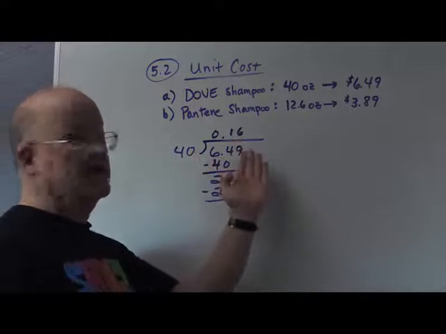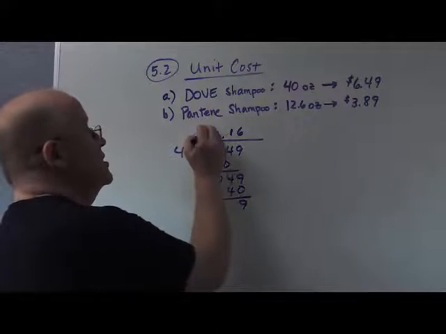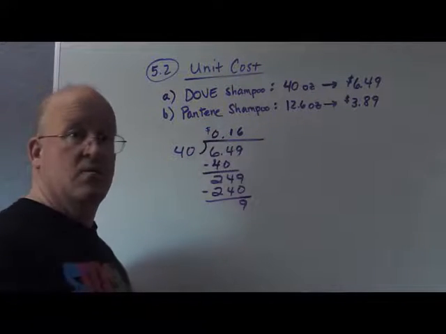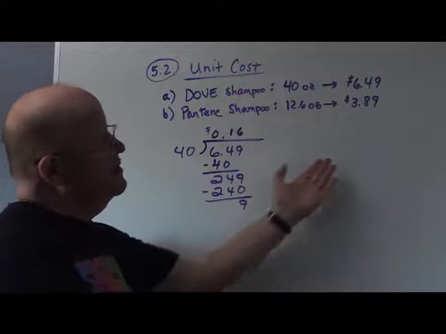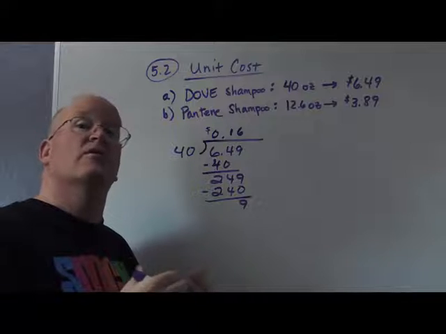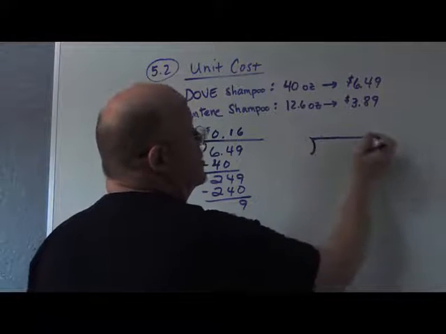Now, that really stands for 16 cents per ounce because this is a dollar sign, 0.16. And I usually would go one step further. But because we're comparing two different products and I really just want to know which is the better buy, I'm going to start now with the other one.